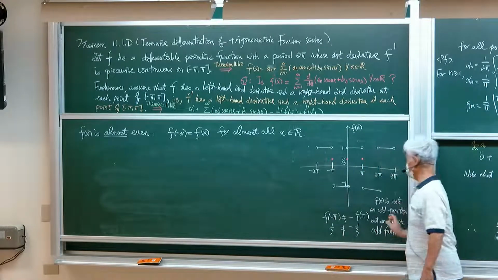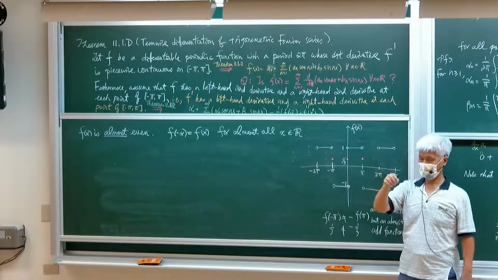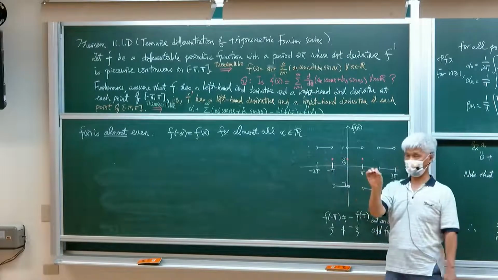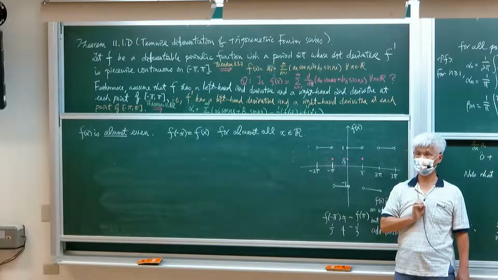When we say almost, it means that we can exclude the points in a set whose length is 0.